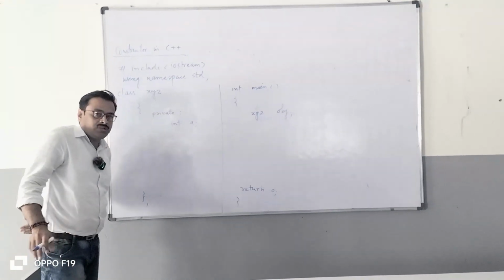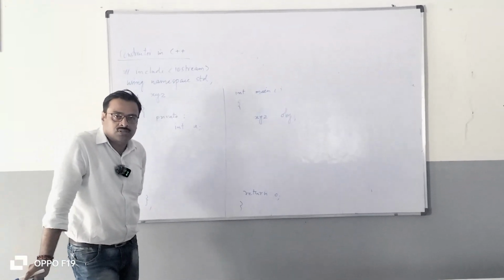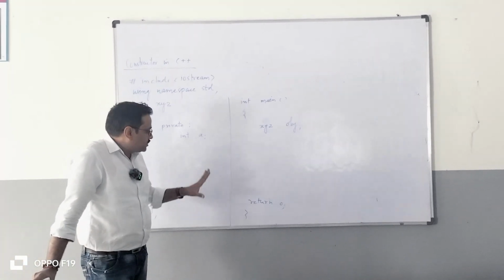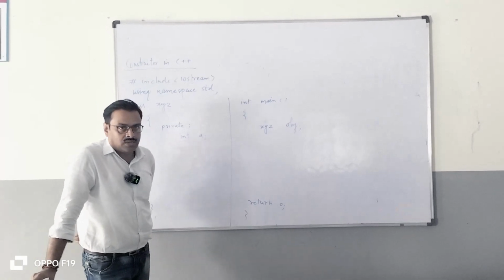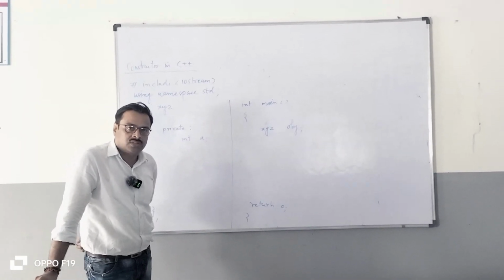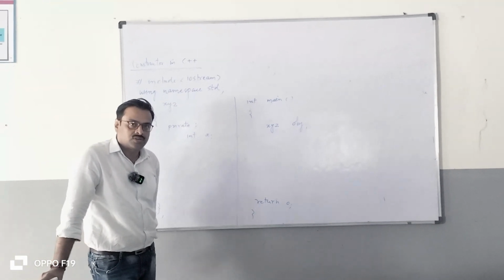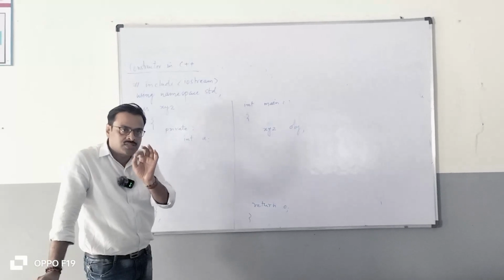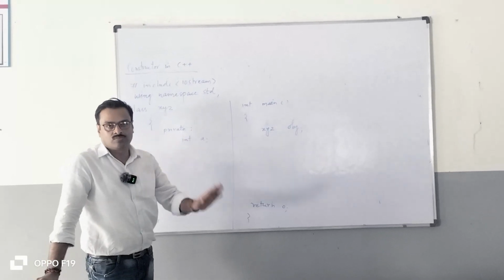So the question arises, without a constructor, how an object can be created? If the constructor is not there inside the class, the default constructor comes into the picture and that creates the object. Constructor means a special function that is responsible to construct the object.